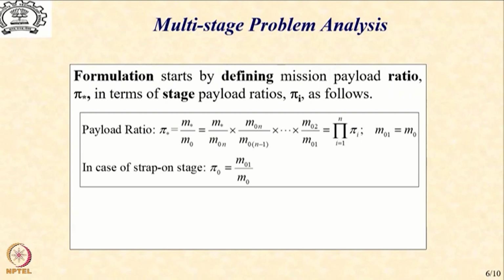So sometimes the booster stage or the strap-on stage is also called the 0th stage to differentiate it from the first, second stage, etc. We will talk a little bit more about it when we talk about parallel staging.